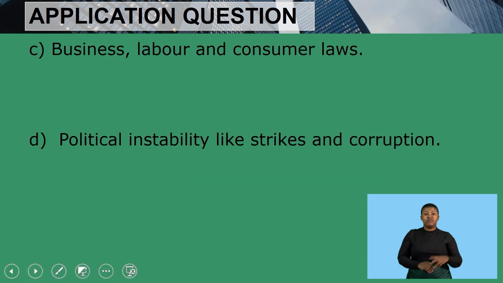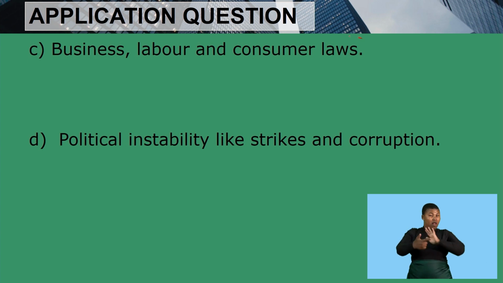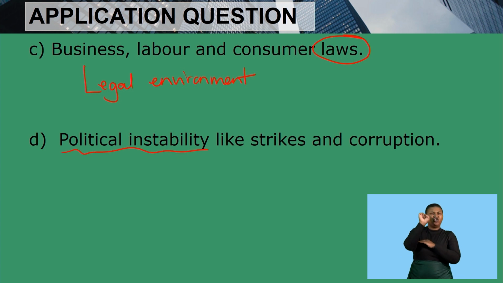Okay, so let's look at the last two. C then, business, labor, and consumer laws. Laws, of course, refers to legal environment. So our answer for this one, legal environment. And then our last one, political instability like strikes and corruption.